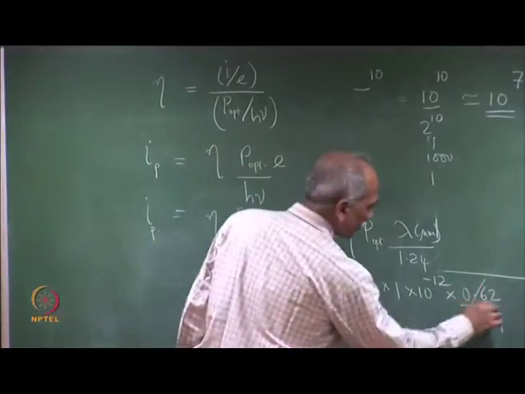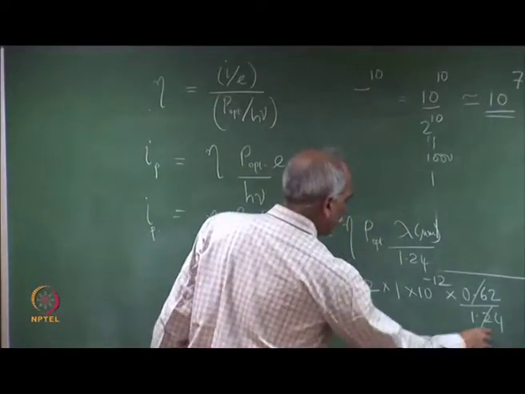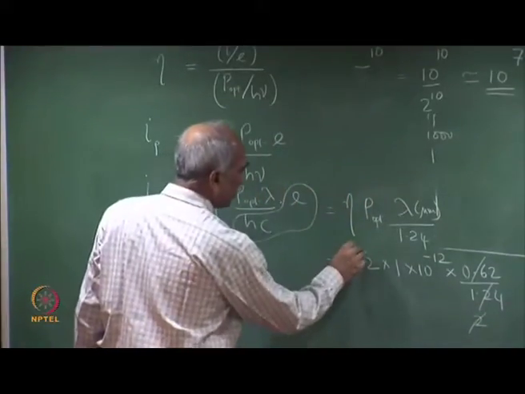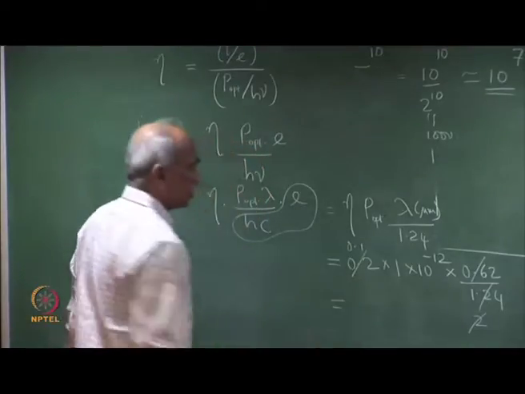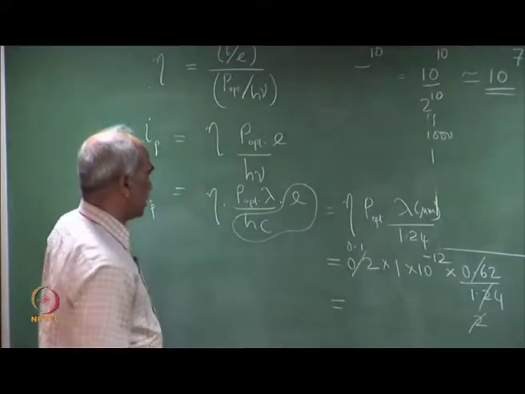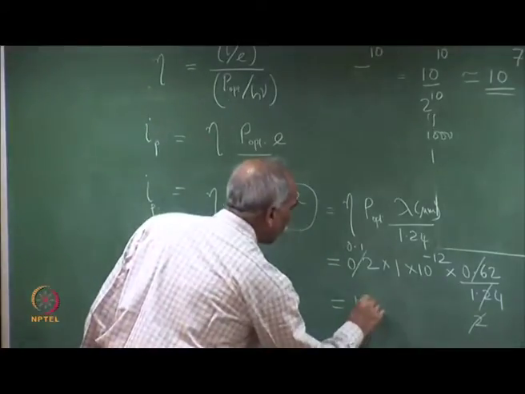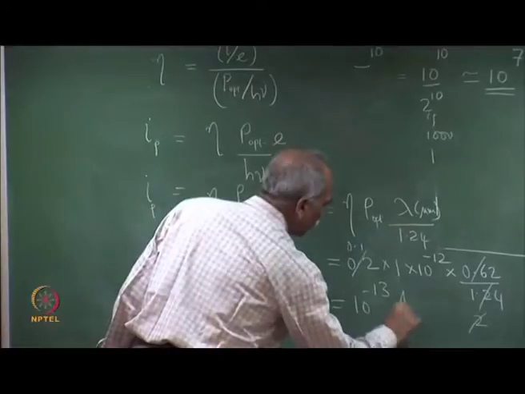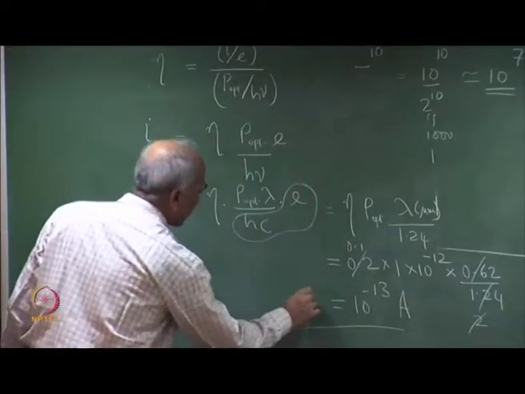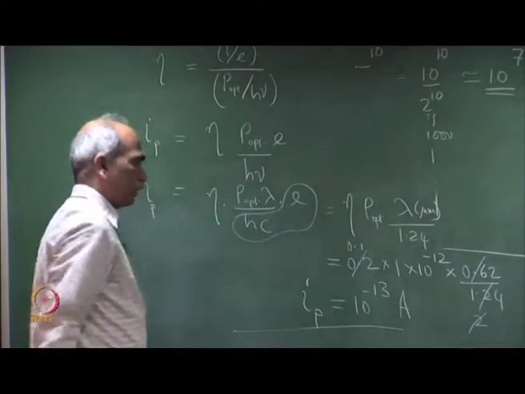So this is nothing but, 2 and 2 cancel, giving 0.1, approximately 10 to the power of minus 13. So Ip is equal to 10 to the power of minus 13 ampere, the primary photocurrent generated.